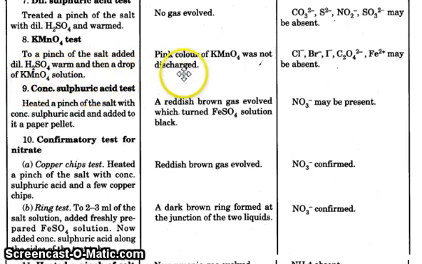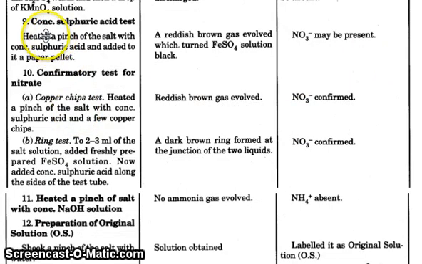This is your observation: pink color of KMnO4 was not discharged. So chloride, bromide, iodide, oxalate, Fe2+ may be absent. Then you can do the conc. sulfuric acid test. Heated a pinch of the salt with conc. sulfuric acid and added a paper pellet. A reddish brown gas evolved which turns ferrous sulfate solution black. Nitrate may be present.